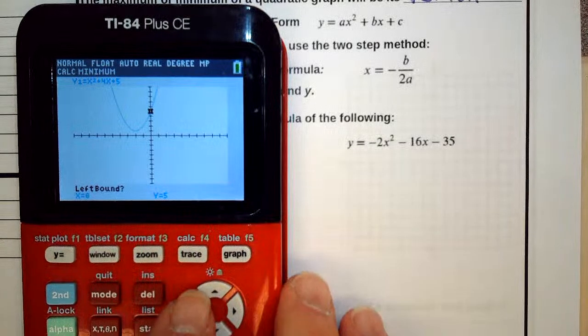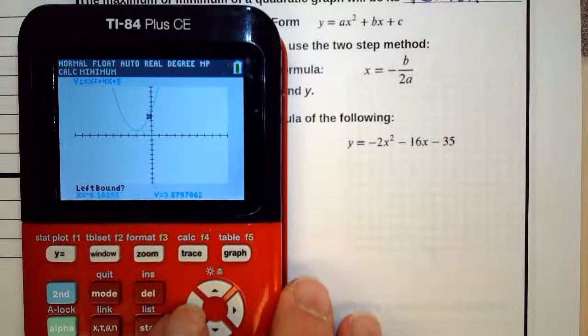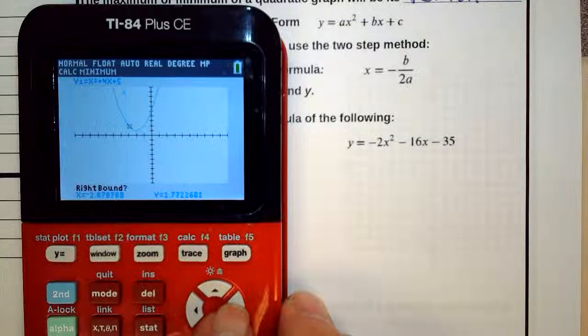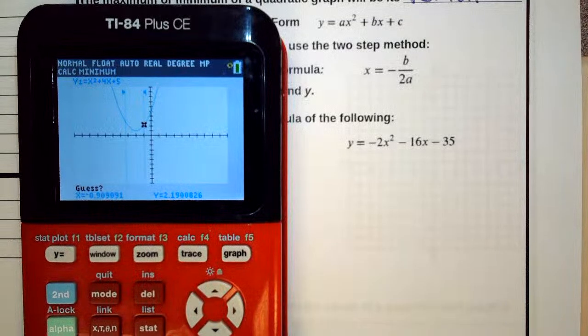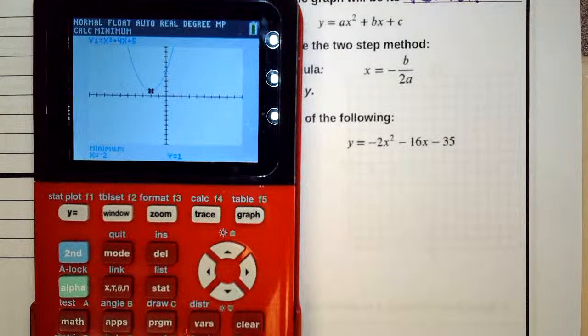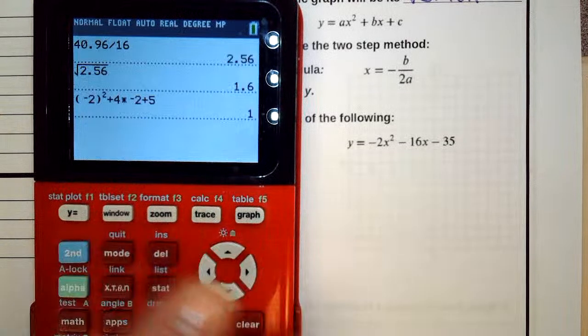I've got to go to the left side. Left bound means left side of your point. Now it wants the right bound, so I go across to the right side of the point. I hit enter one more time and it gives me my point at negative 2, positive 1, which is what we had found.